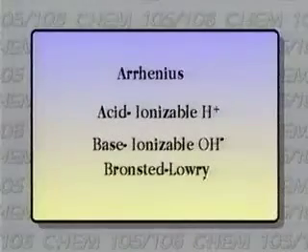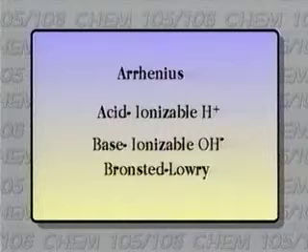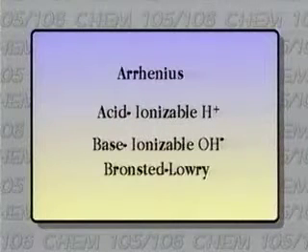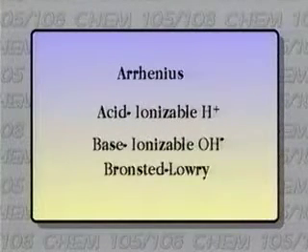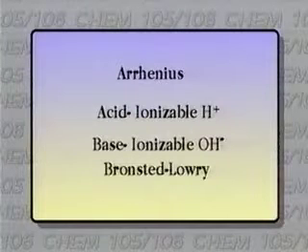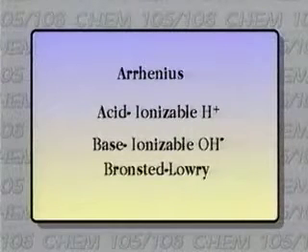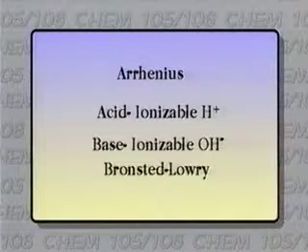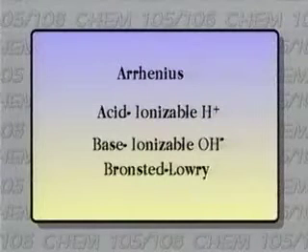Two chemists, in two different countries, but at about the same time, proposed a new definition for acids and bases. The two chemists were Bronsted and Lowry, and we call it the Bronsted-Lowry definition, but this is not one name. This is two individuals who proposed basically the same definition at very nearly the same time.